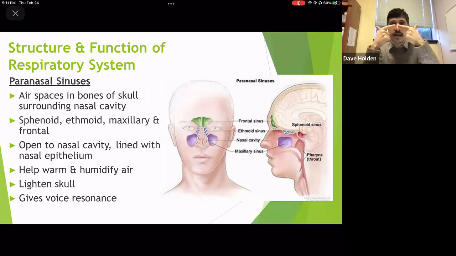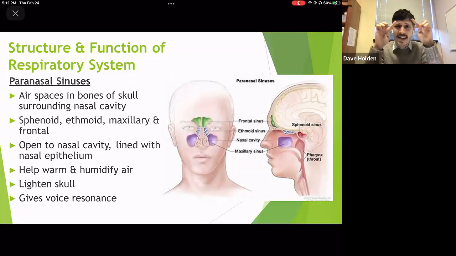So these sinuses are all going to be open to the nasal cavity, lined with epithelial tissue. They help keep the air warm and help humidify it. They also serve to lighten the skull. Bone can get a little heavy, especially when you've got a dense, thick bone. So by hollowing those bones out and filling it with air spaces, we lighten the weight of the skull.